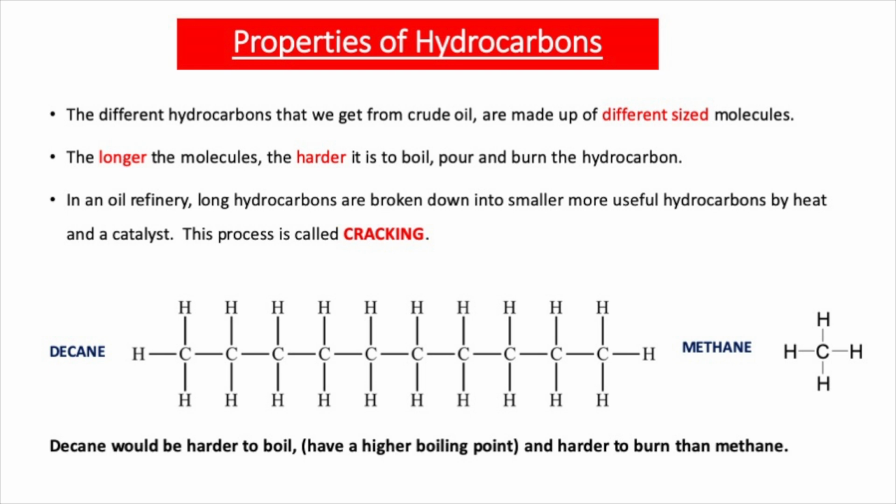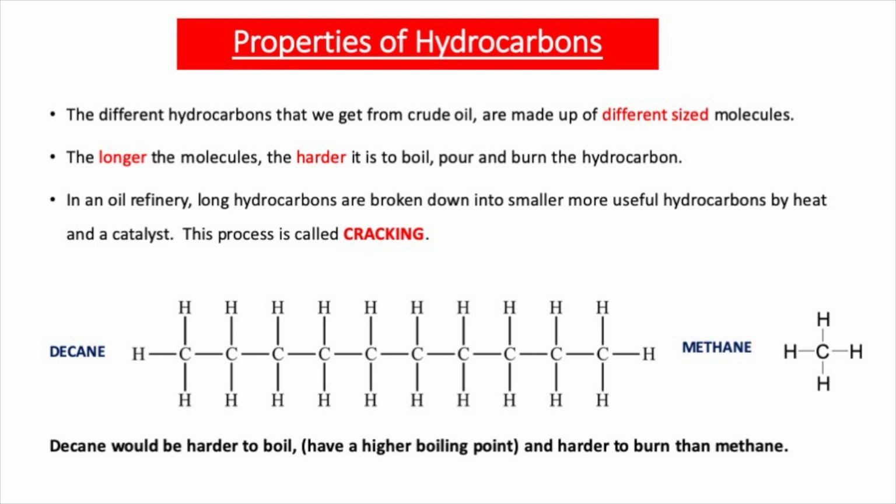Now decane has a longer hydrocarbon chain, so it's harder to boil, it has a higher boiling point, and it's harder to burn, and it's harder to pour than methane. And decane is a liquid at room temperature, and methane, because it has a much lower boiling point, is a gas at room temperature. So you have to remember, the longer the molecule, the harder it is to burn, pour, or boil.